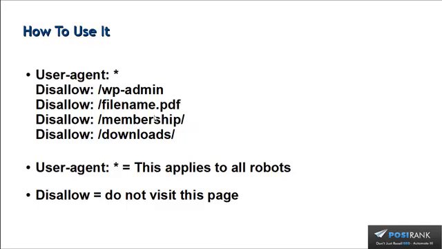Disallow /filename.pdf. Now, obviously, file name is just a placeholder. That could be anything, any name of a PDF that you don't want the web robots to look at. You would say disallow /filename.pdf. And the same goes for membership folders. You know, maybe you have a membership where you charge people access.